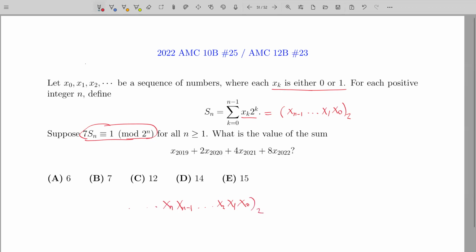So what if we add all the digits indefinitely and define this expression as apple? It's not technically a number because there are infinitely many digits, but Sn is the last n digits of this number in binary. So let's work with this apple.